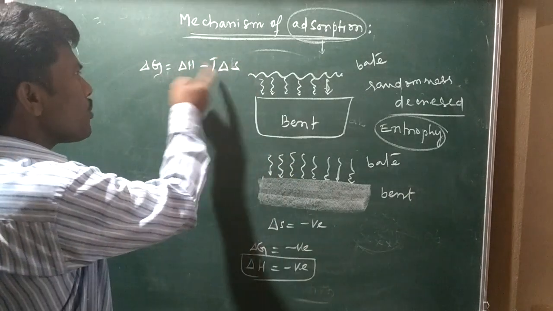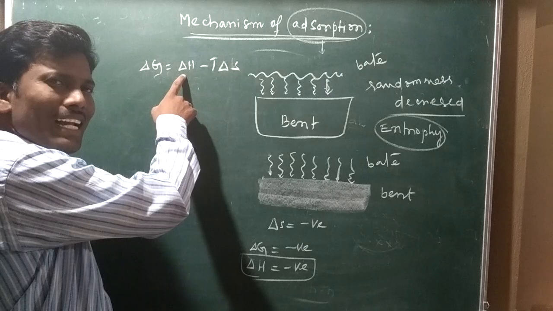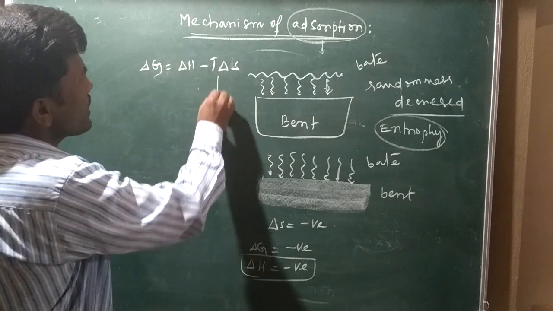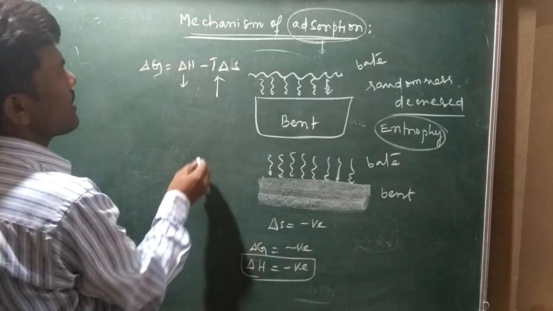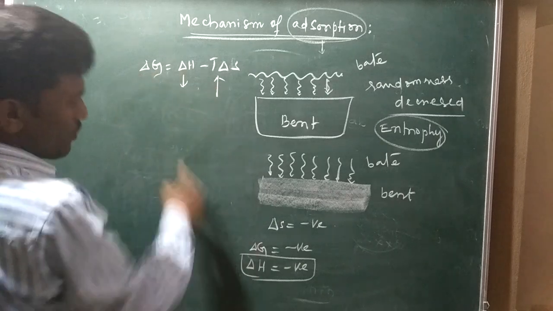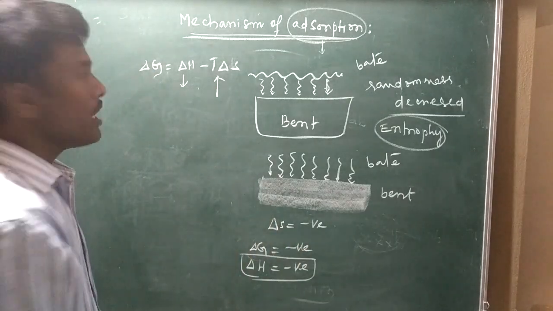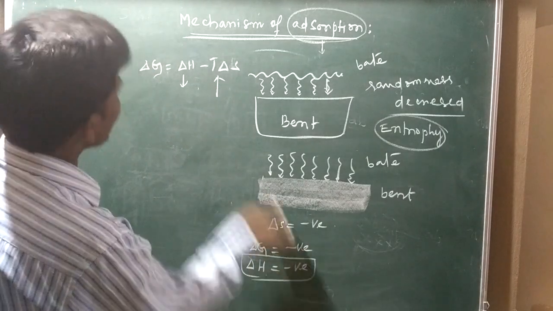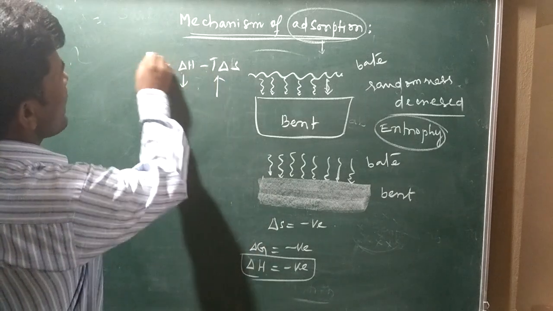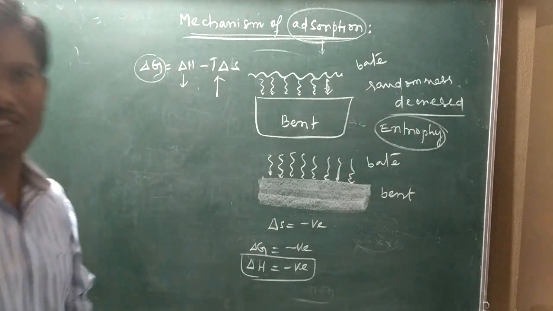More negative plus less delta H: the more negative term dominates, so the total is negative. If delta H is negative, negative minus negative, delta G is also negative. That is thermodynamics.